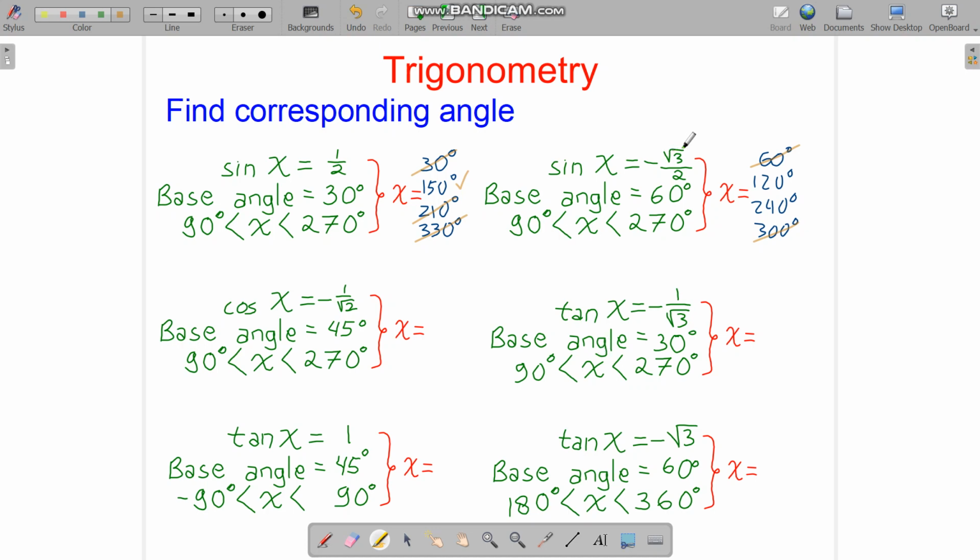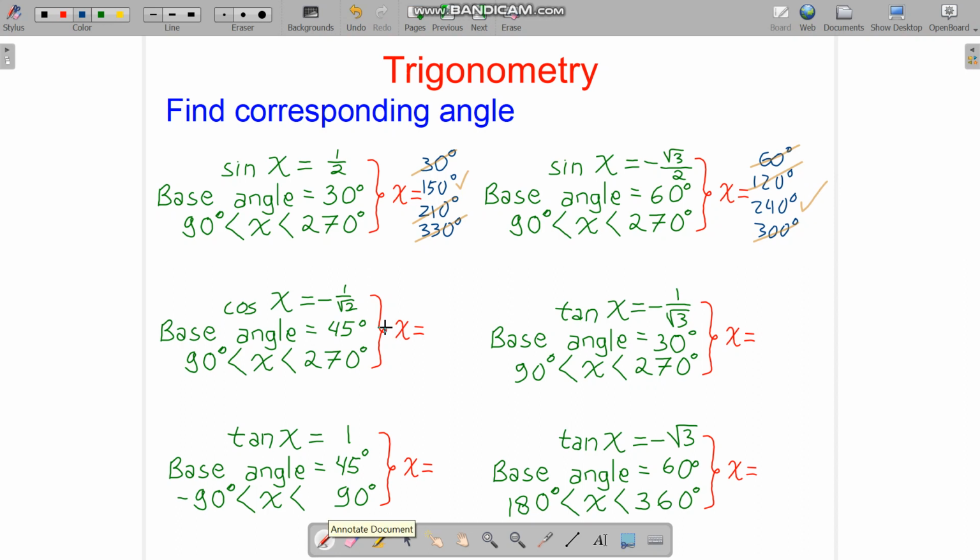Now look at the value of the sine. It's negative. In the second quadrant, it's positive. Or you can just use your calculator. What do you get from sine 120, and what do you get from sine 240 degrees? The only way you can get minus root 3 over 2 is by using 240 degrees. So 120 is impossible, because again, sine in the second quadrant is positive.